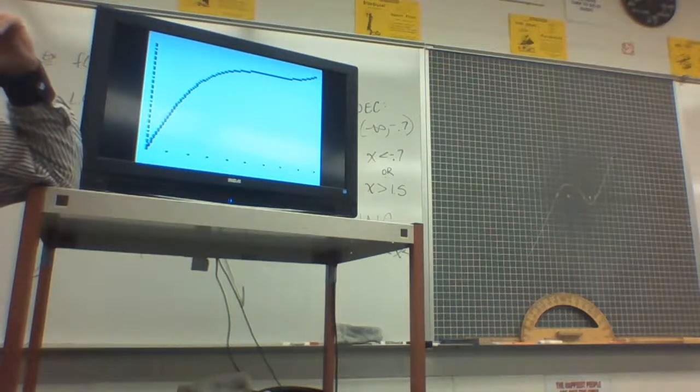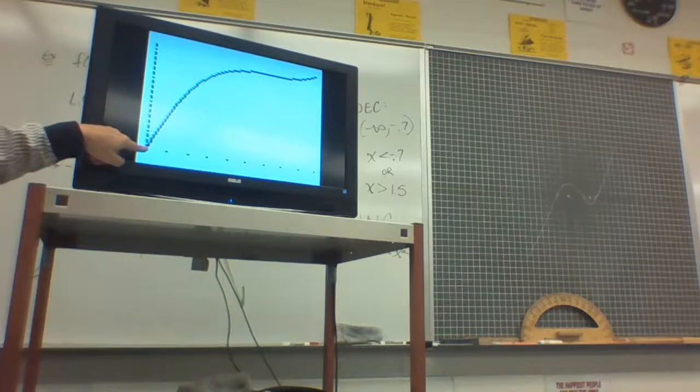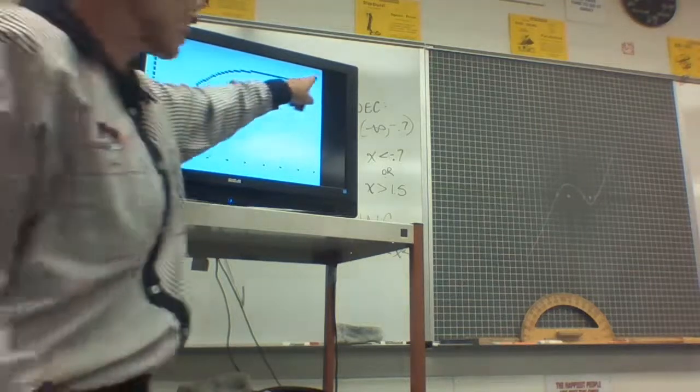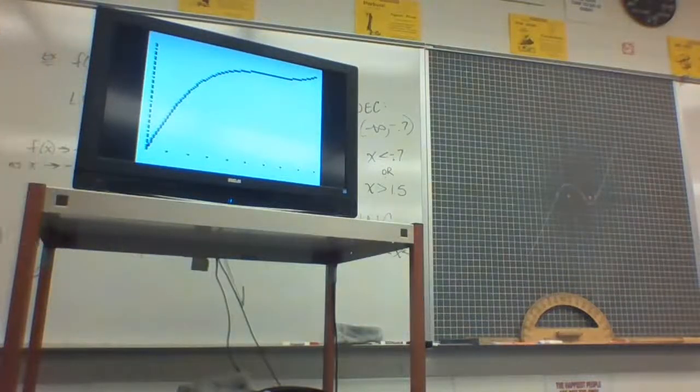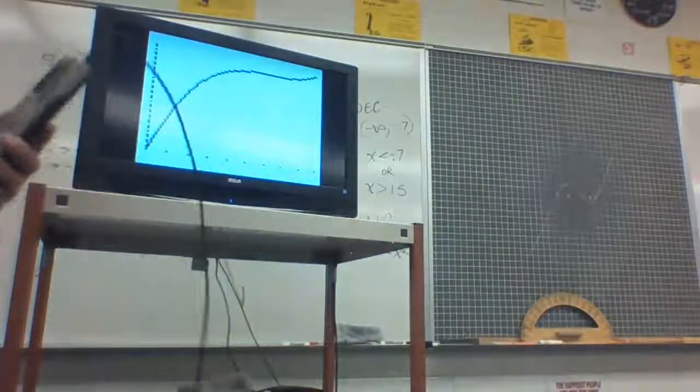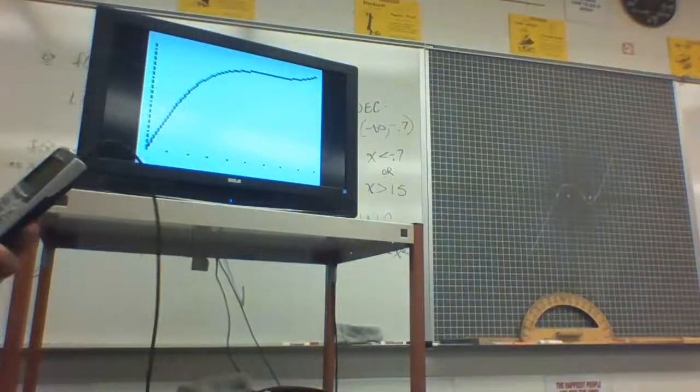Two points. This point, and this point. How do we find particular points on the calculator? Could use the table, although that's not the most efficient. You ask it from the graphing screen, what's the value when t is 1?